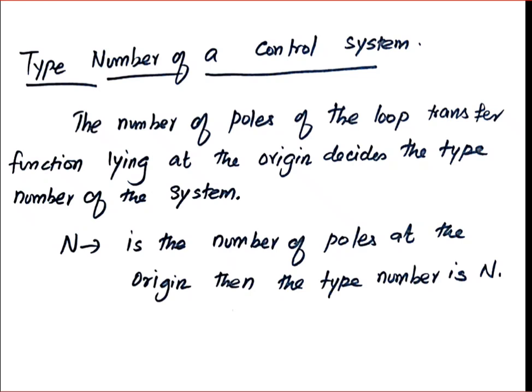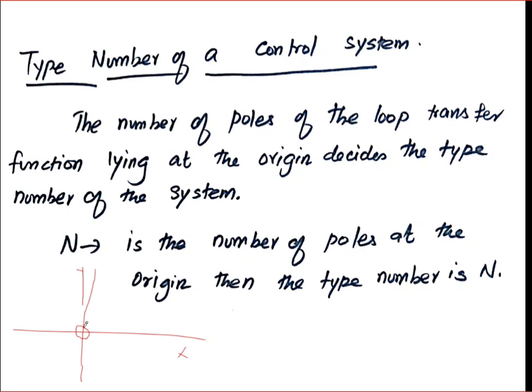Origin, in the sense that when you are drawing the x and y axis, the center point is the origin. For example, you take this x and y axis. This is x and this is the y axis, and the number of poles at the origin decides the type number.